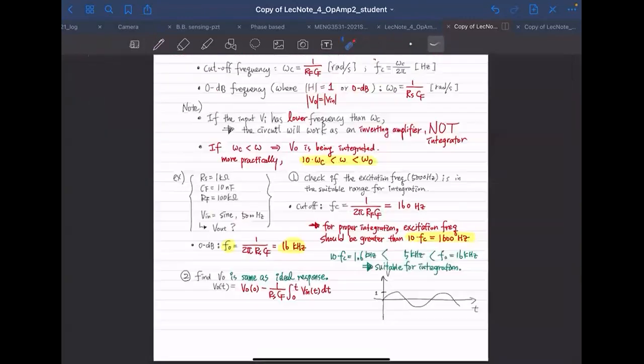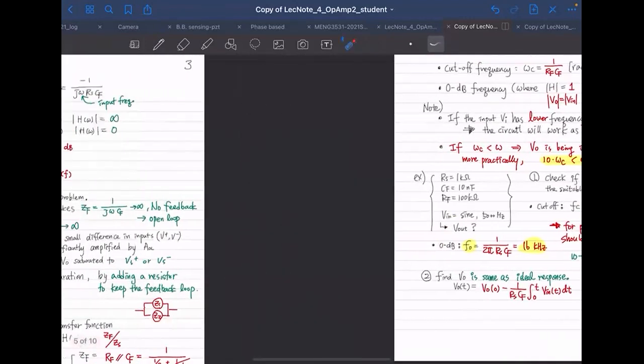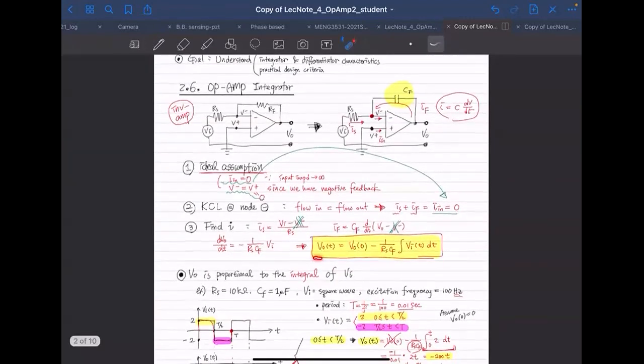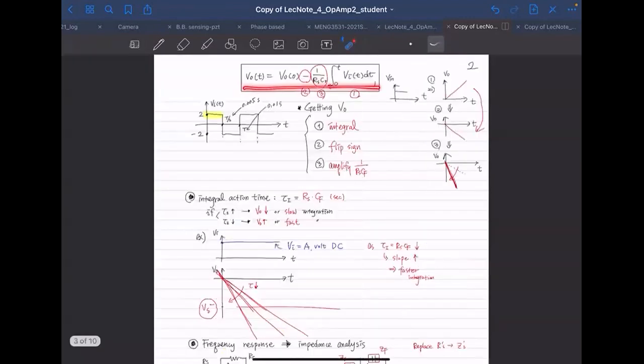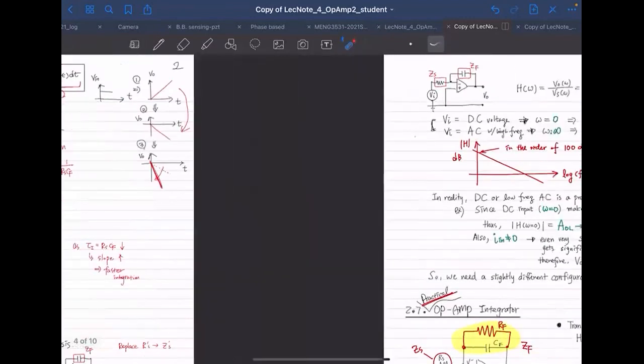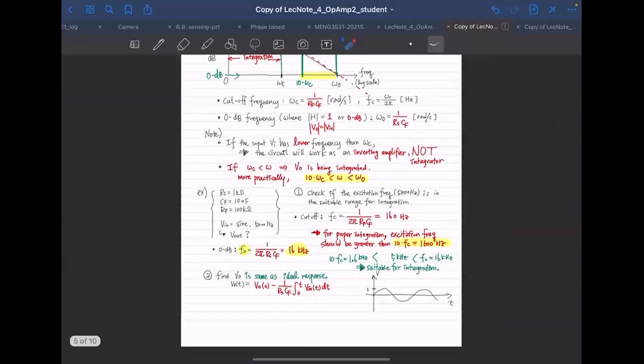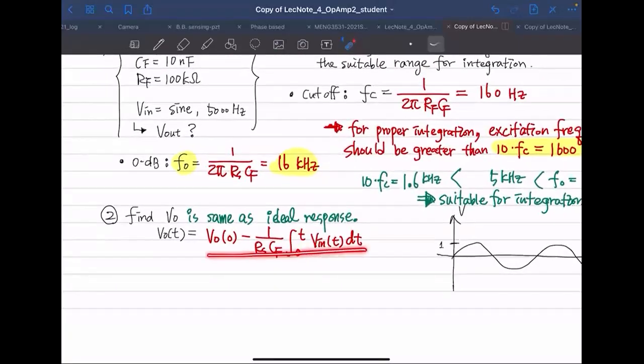I got that from our previous derivation. It's the ideal response, right? So we had that derived at the very first day, this guy. So it's here, right? And I have just rewritten it down here.